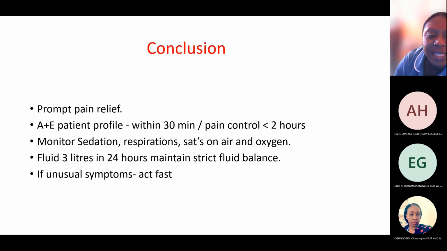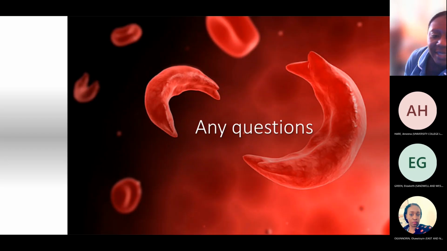We have to maintain their fluids, so 3 liters in 24 hours. But as I said earlier, if they have cardiac or renal failure, or they're quite petite patients, this may alter how much we need to give them in a day. And if the patient reports any unusual or atypical symptoms, again, we need to act fast. And that is it.